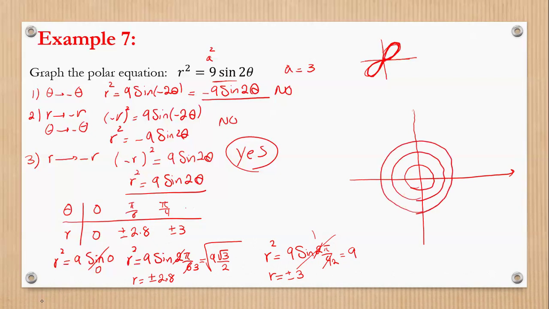Okay, let's find the points first. First point is 0 and 0. Then pi over 6. I forgot to do pi over 6. If you divide each quarter by 3, you have pi over 6 and pi over 3. If you want pi over 4, you need to divide the quarter in half. So that's pi over 4.